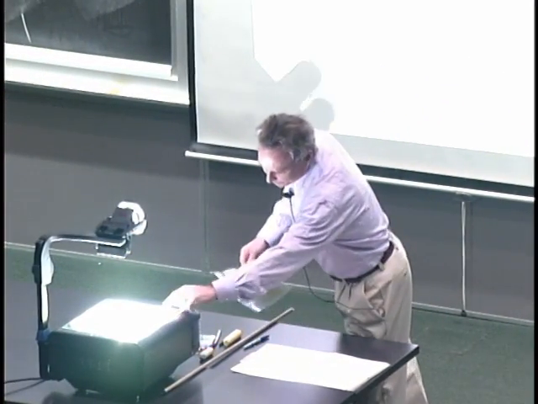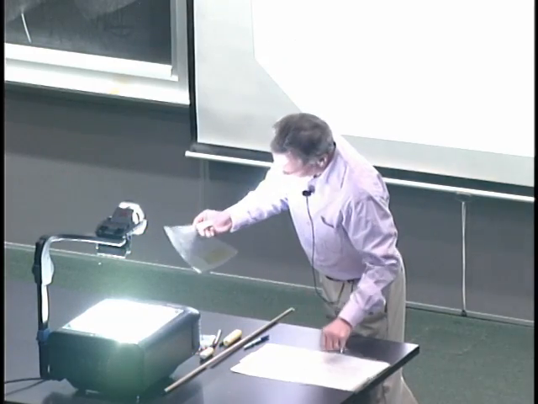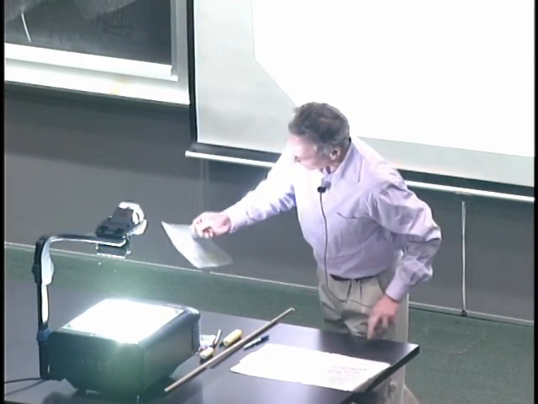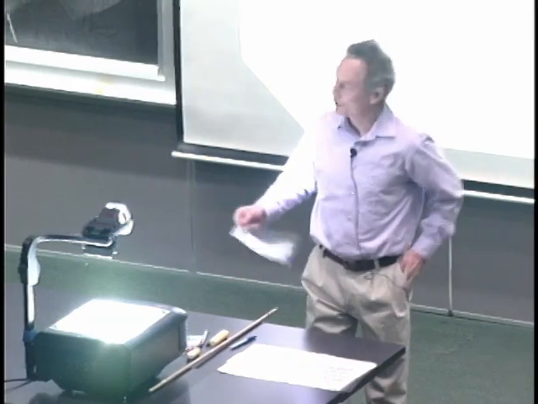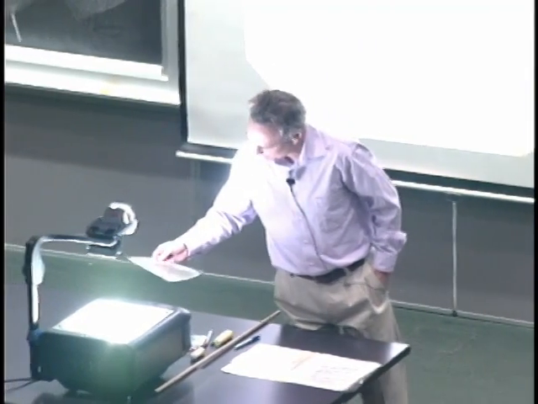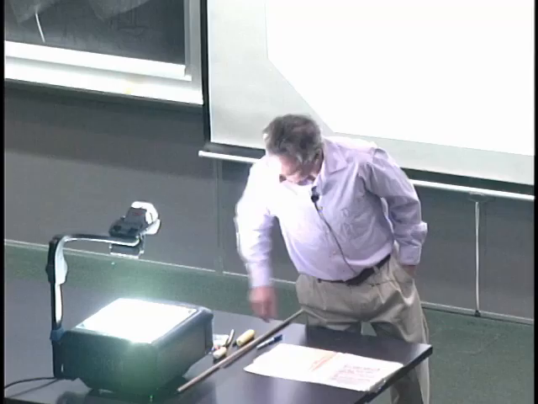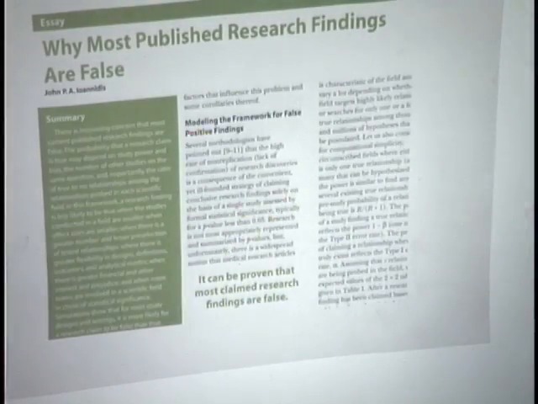So I'm going to close with a note that you can take either as pessimistic or optimistic. There is a famous paper that came out a few years ago and has been cited about 1,000 times or so. The title of the paper is Why Most Published Research Findings Are False.